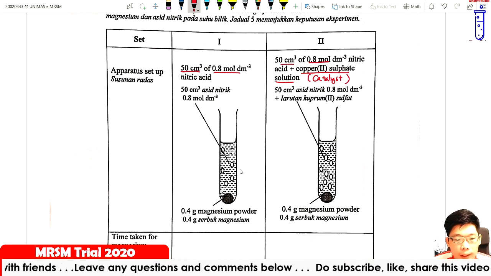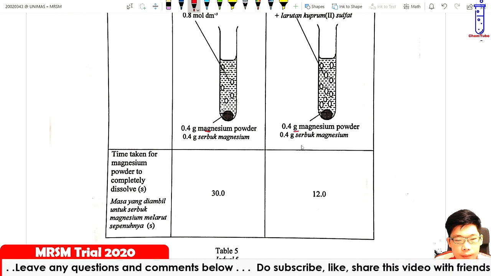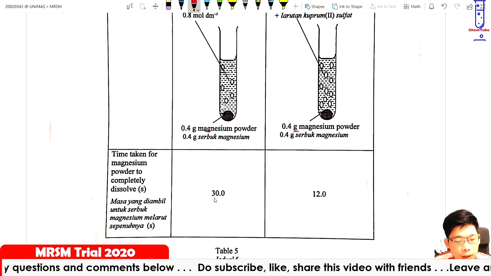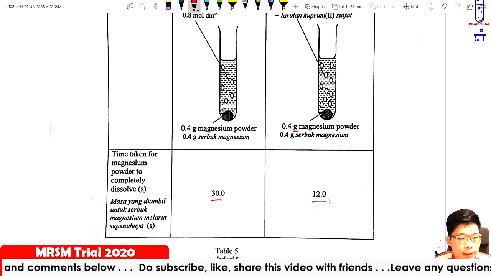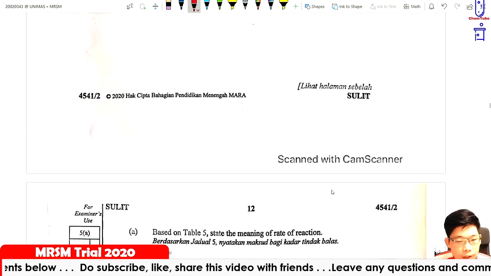The magnesium powder is the same. The time taken for the magnesium powder to completely dissolve is 30 seconds in set 1 and 12 seconds in set 2, so set 2 has a higher rate of reaction.